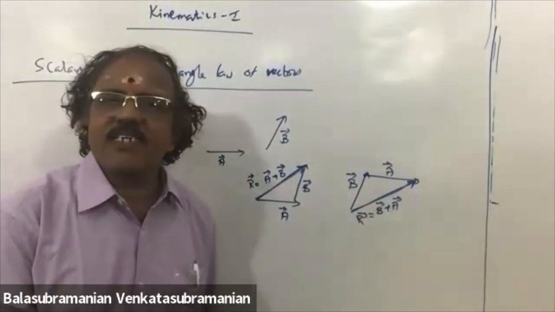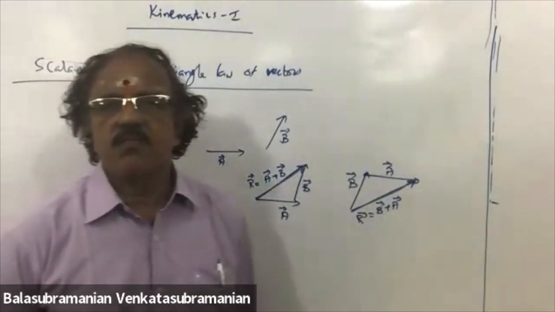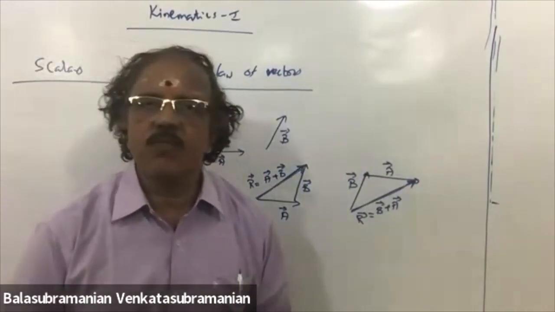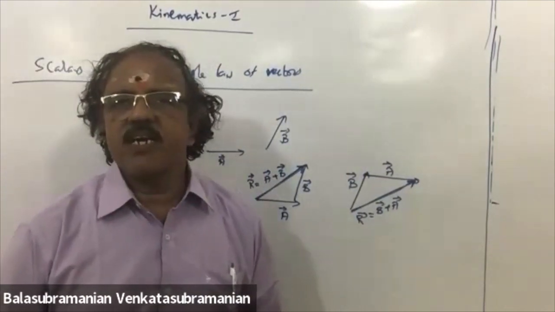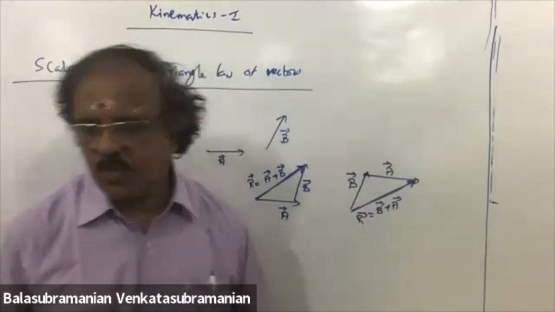So vector addition is commutative. Commutative means A plus B is equal to B plus A. Okay.